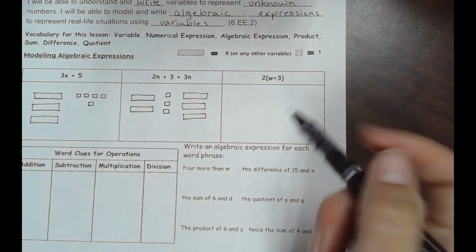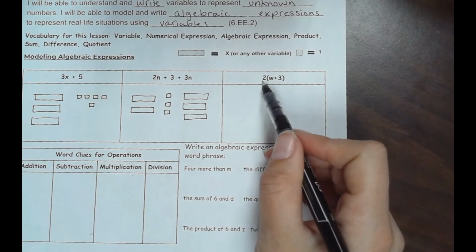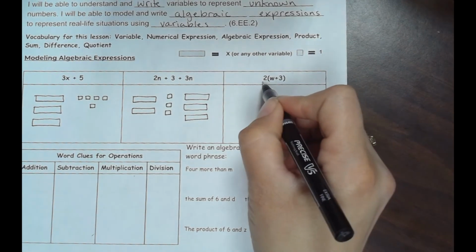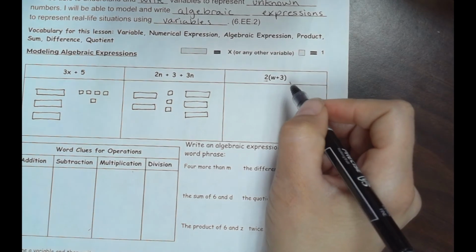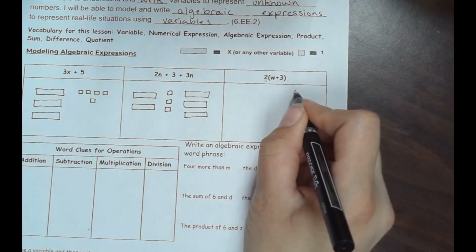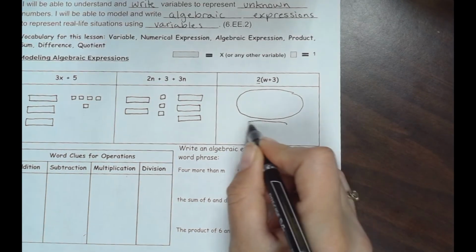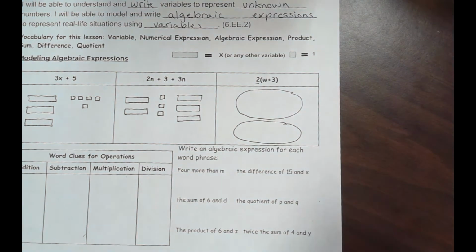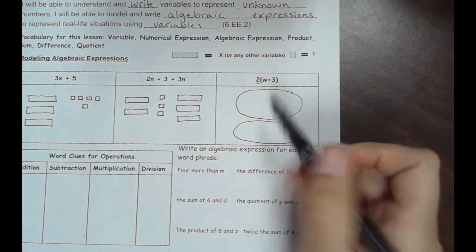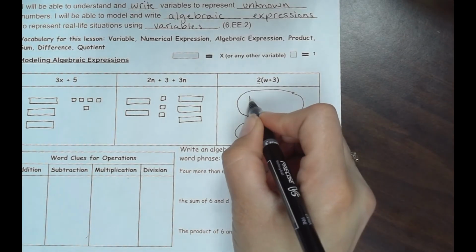Now this one's a little different. We have grouping symbols, so that means I need to make groups. This number tells me how many groups I'm going to make. So I need 2 groups of what's inside here. So to make a group, we're going to draw 2 circles. So there's our groups. Now in each group, so there's the 2 part. In each group I need a W, so 1 variable.